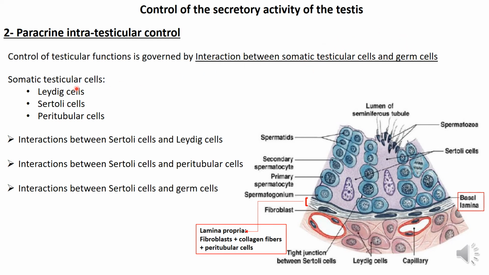And just to remind you that the somatic cells that we will be talking about here are the Leydig cells, the Sertoli cells, and the peritubular cells. And we have three types of interactions. We have interactions between Sertoli cells and the Leydig cells, interactions between the Sertoli cells and the peritubular cells here in the lamina propria, and interactions between the Sertoli cells and the germ cells.